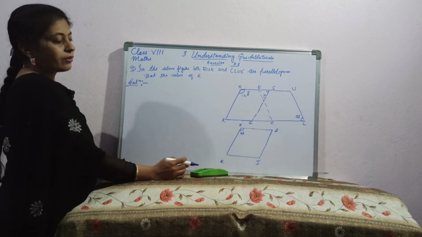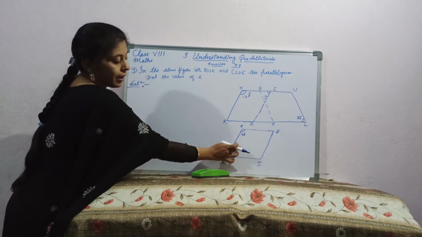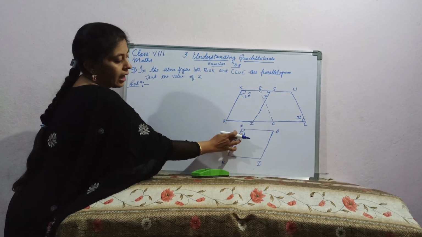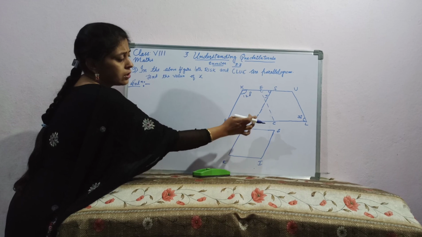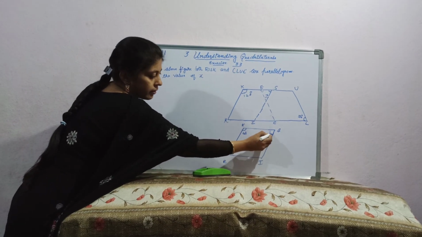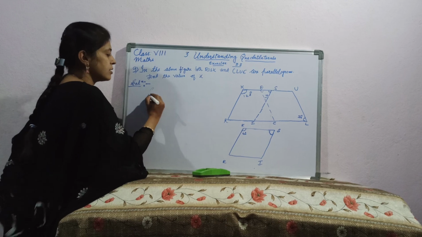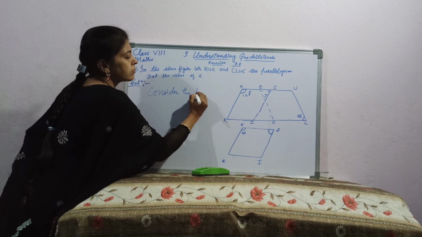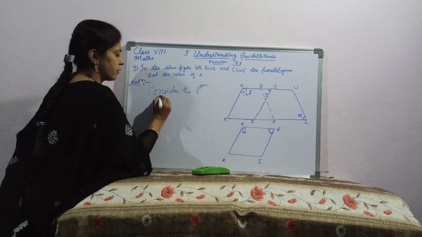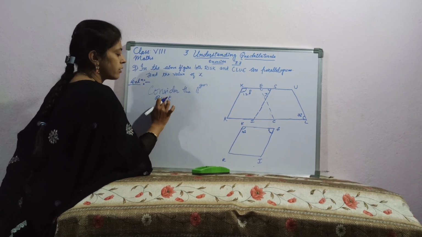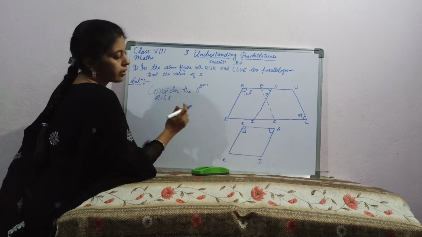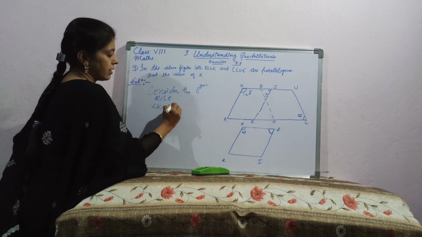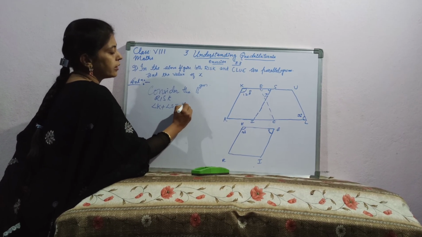So let us start with the parallelogram RISK, where one of the angles is given to us. We will find the value of S. So let us consider parallelogram RISK, where, as we know, angle K plus angle S is equal to 180 degrees.